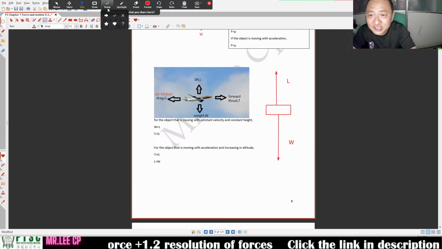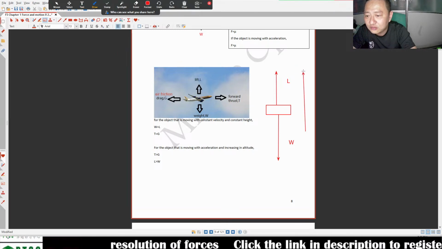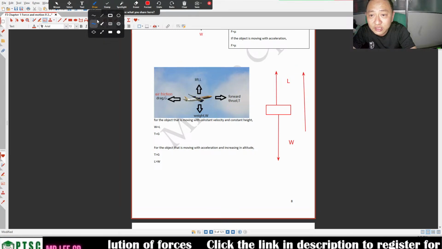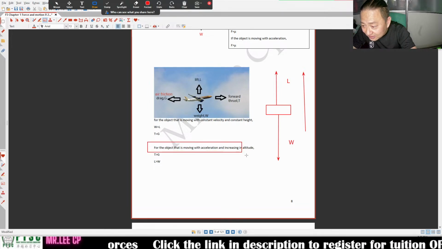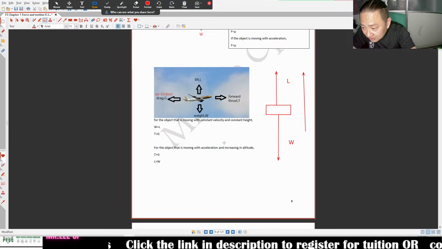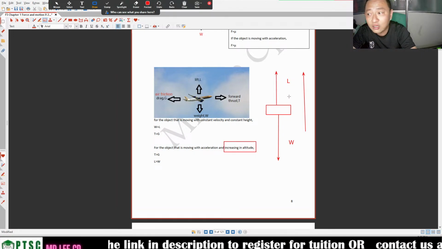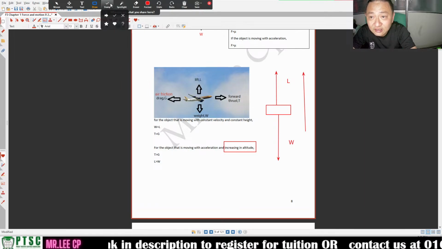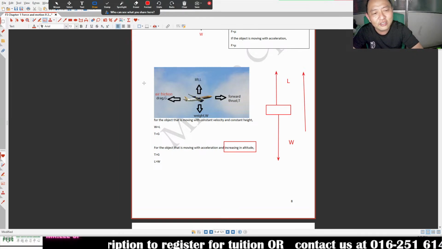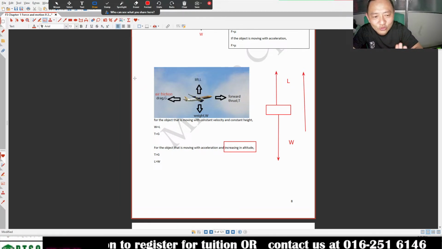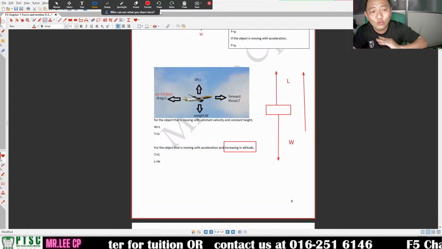Now, if this thing is going upward, accelerating upward, which one is bigger? This one is increasing altitude, right? So L is bigger than, no, we don't call it normal reaction. Yes, your concept is correct, but we don't call it normal reaction.